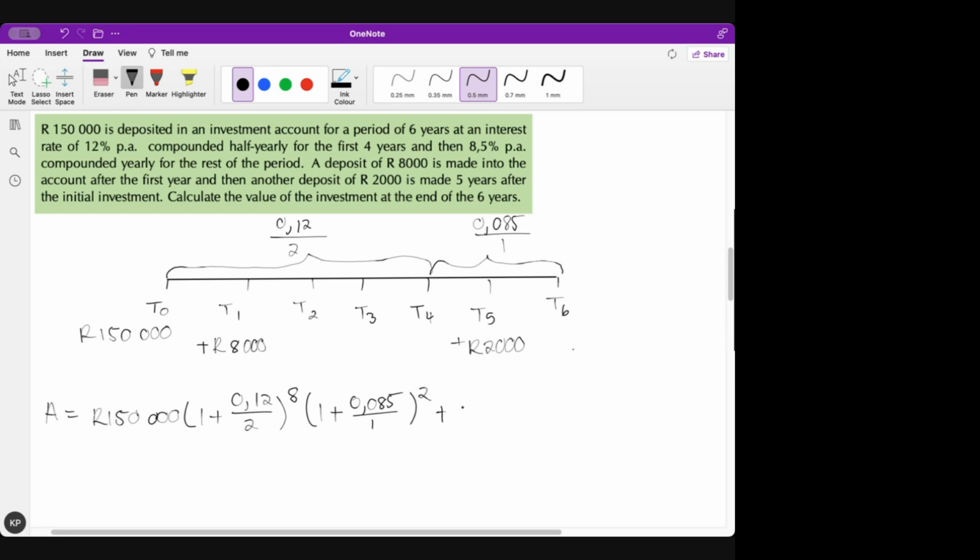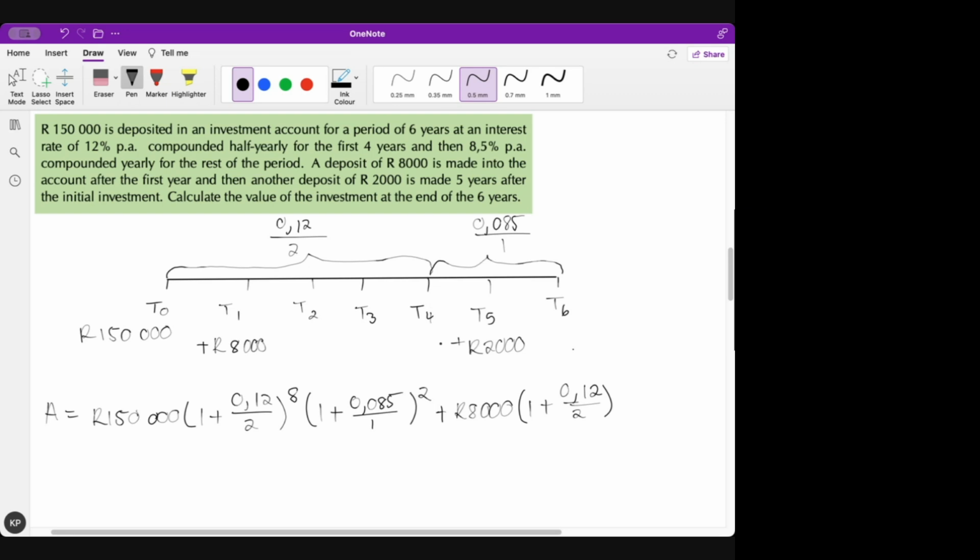Then you say plus the 8,000 Rands that I added on at 12% compounded twice a year. For how long? We're starting off at T1 this time, so that would be 1, 2, 3 years.